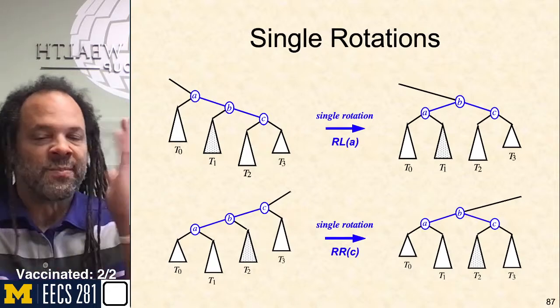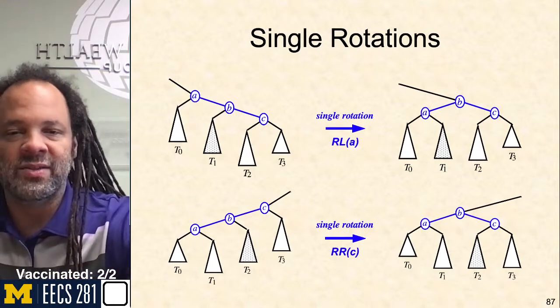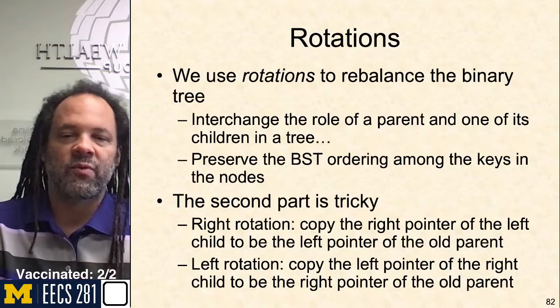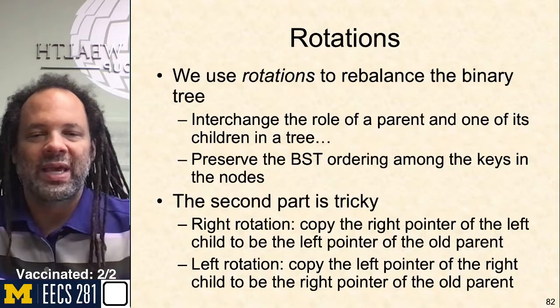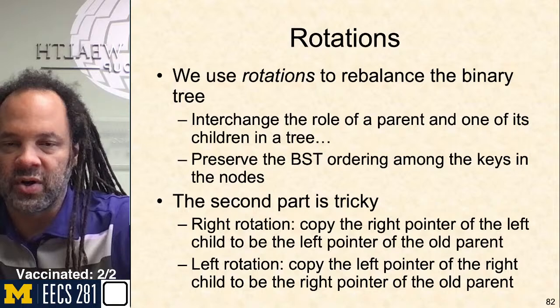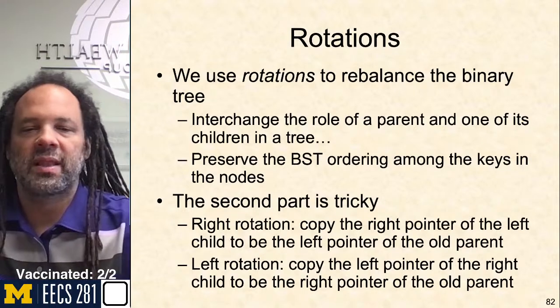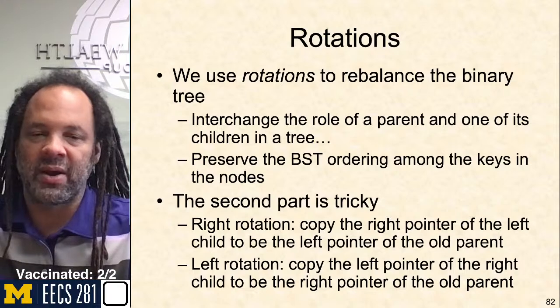All right? So this is what I said here. In a right rotation, we copy the right pointer of the left child to be the left pointer of the old parent.